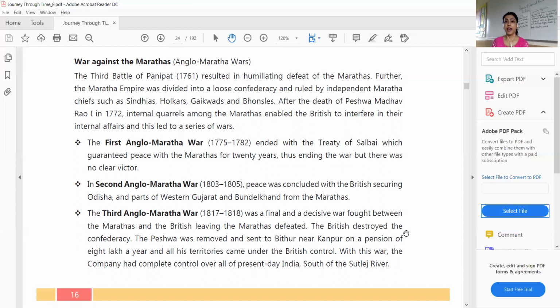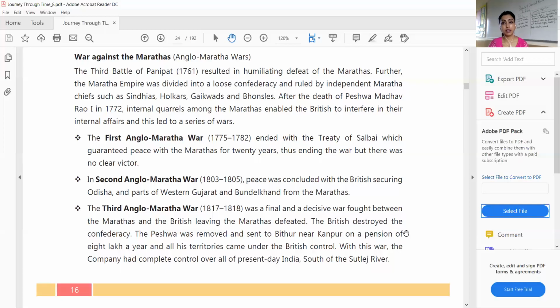And in this way, after the removal of the Peshwa, all the territories that were captured by the Peshwa came under the direct control of the British. So with this war also, the company was almost having all control over all of present-day India south of the Satluj River.